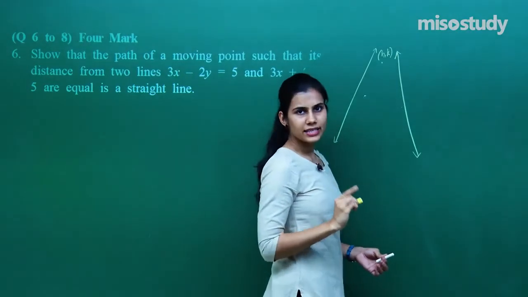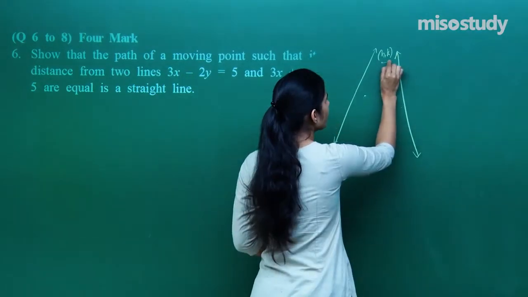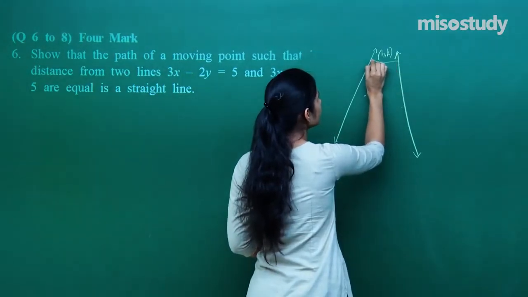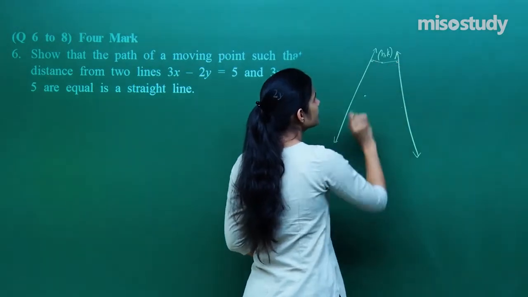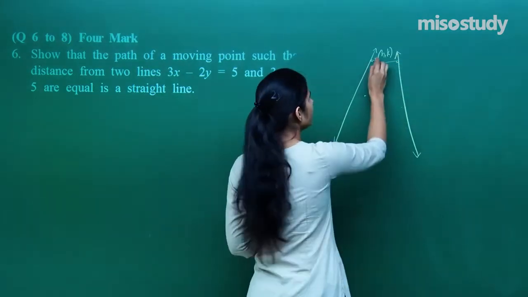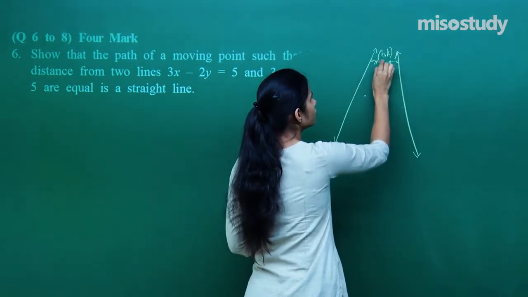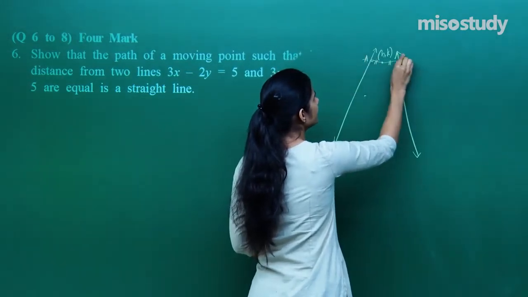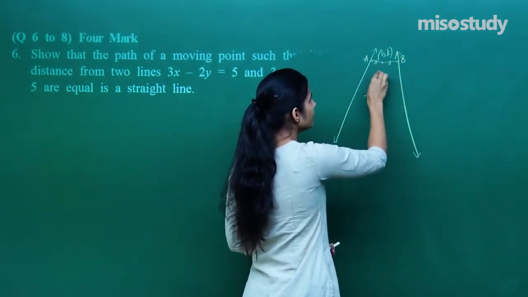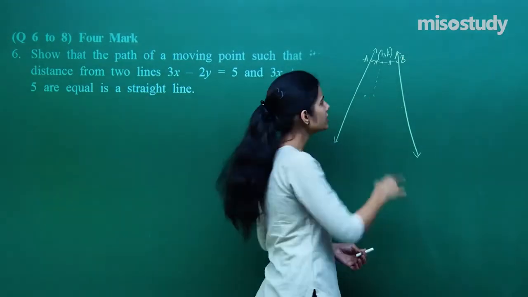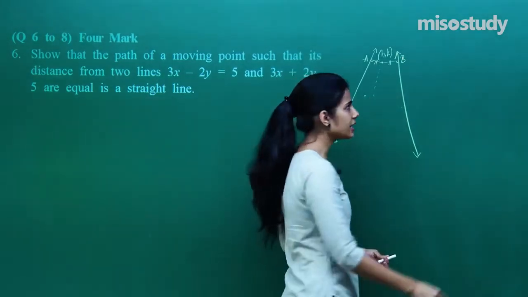It is moving in such a way that its distance from the two lines is equal. So this point is h comma k, say this is A, say this is B. It is moving in such a manner that its distance from these two lines is always the same.